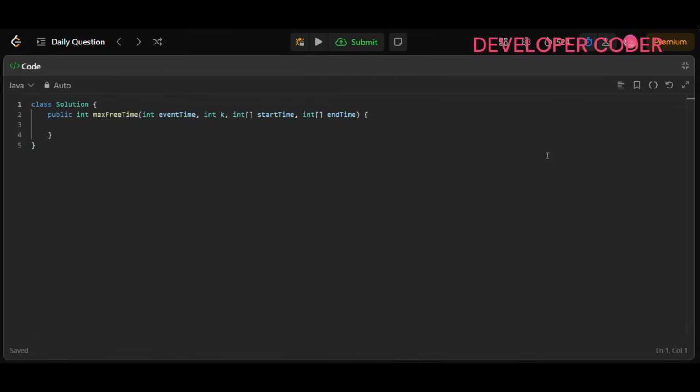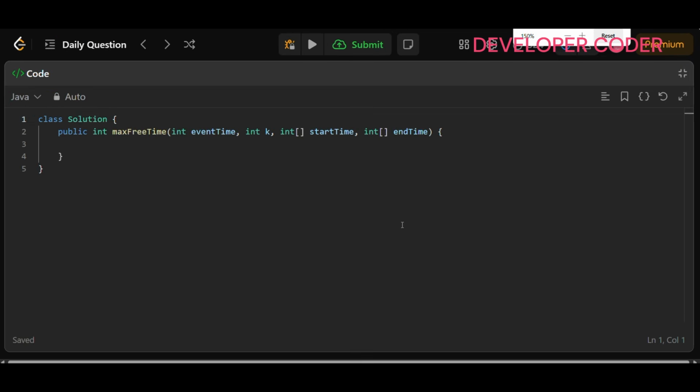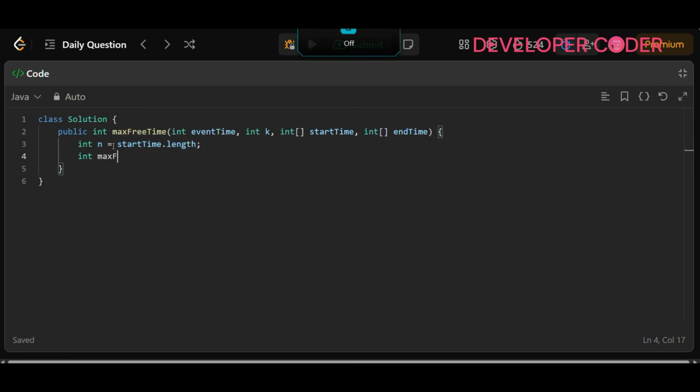Very simple, nothing complex. So this is one approach, in which we are using the prefix sum logic. Here, int n is equal to start time dot length, and int max free time, which you are going to set to 0.